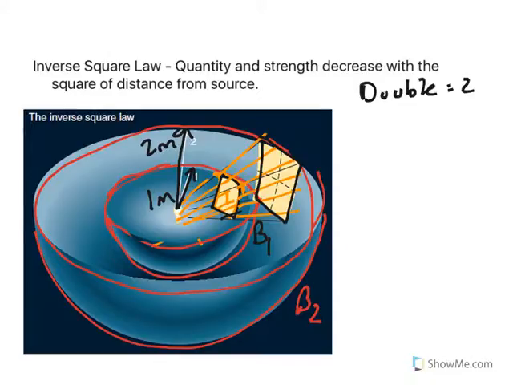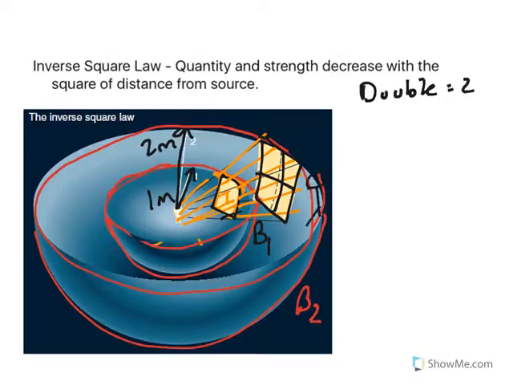As we can see, there are 4 blocks now at the 2 meter hemisphere. There was 1 block at the 1 meter hemisphere, and now there are 4 blocks at the 2 meter hemisphere that the light is passing through. So the light has spread out, and since it spread out over a larger area, it became more dim.